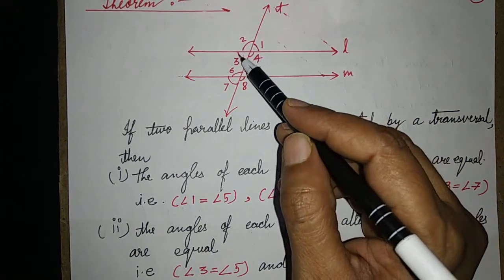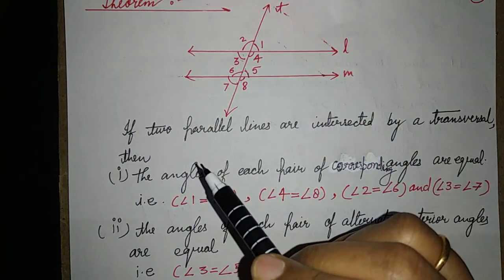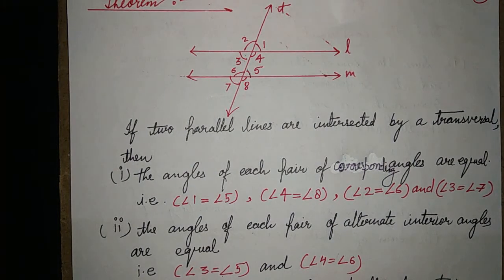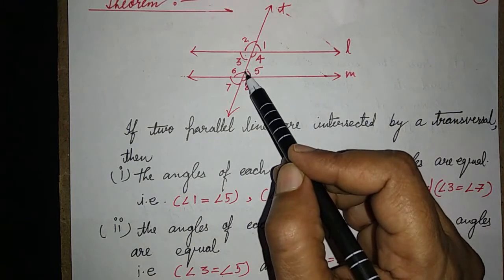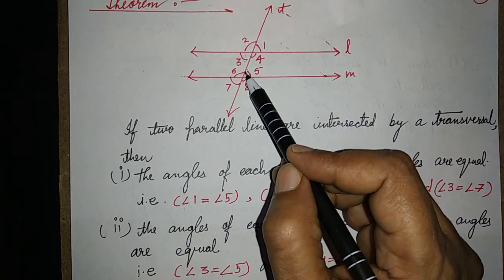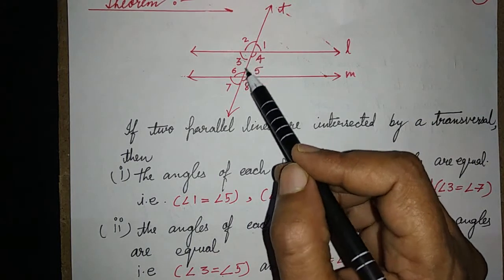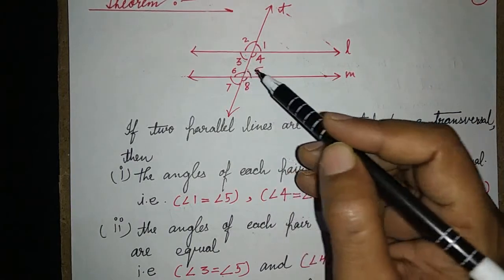Okay, angle 3 is equal to angle 5. And angle 4 and 6 are also alternate angles and they are interior also, interior alternate angles. So angle 4 is equal to angle 6.